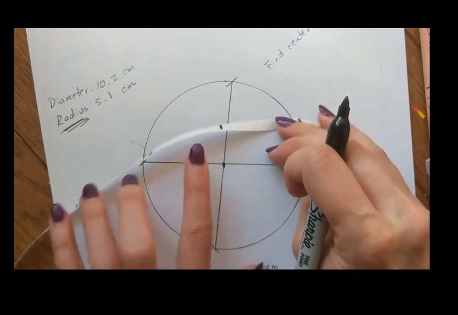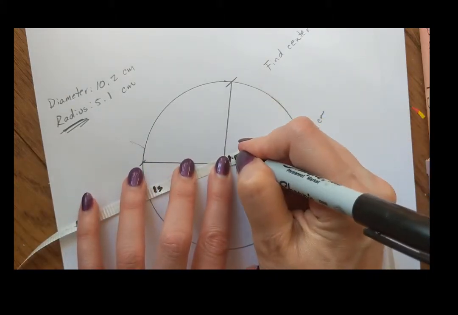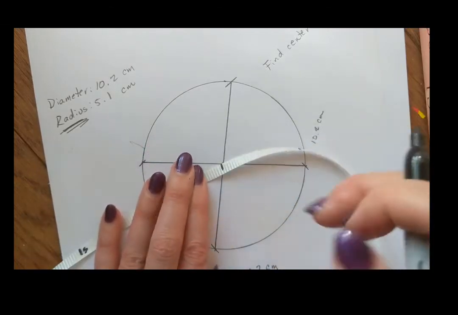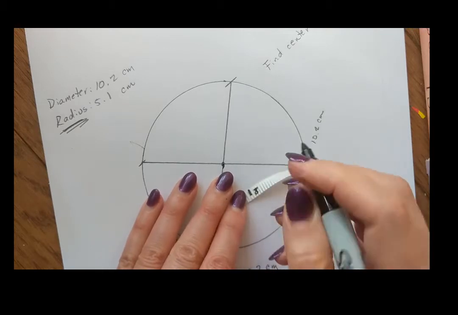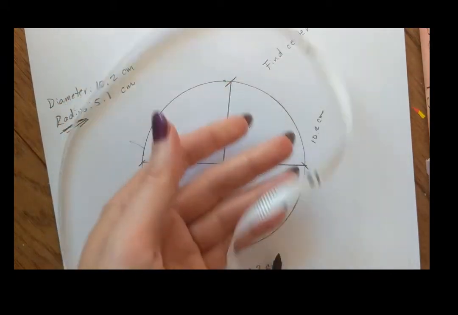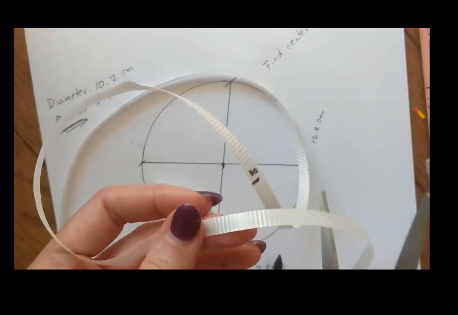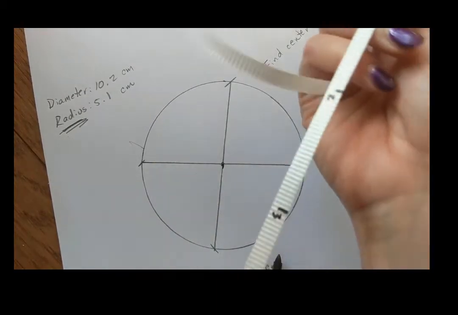In this non-standard unit of measure, 4, 5, 6, 7, 8. Okay. Now, I need to go get some scissors and cut this up. Okay. So I'm going to just cut this somewhere after my last marking. I'm going to leave some space.